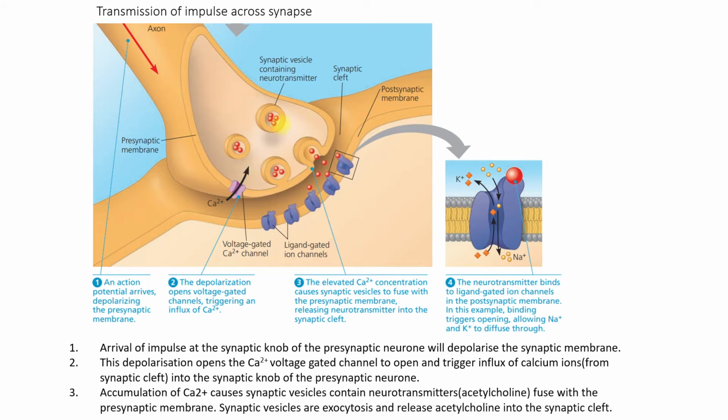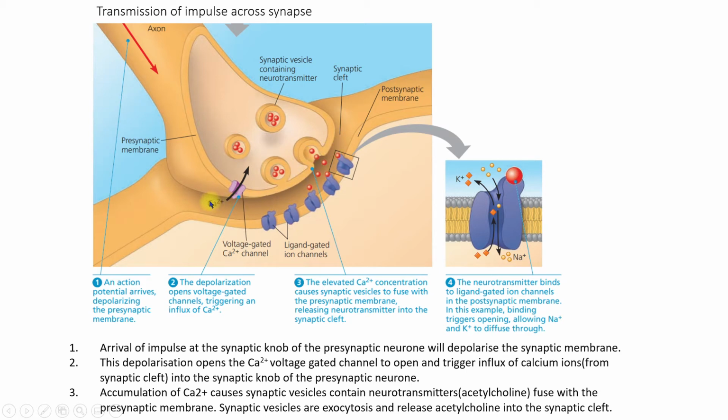Now, the accumulation of this calcium ion will cause this synaptic vesicle, you can see the synaptic vesicle here, to fuse with the presynaptic membrane. After that, the synaptic vesicle undergoes exocytosis, and this will release the acetylcholine or neurotransmitters into the synaptic cleft.